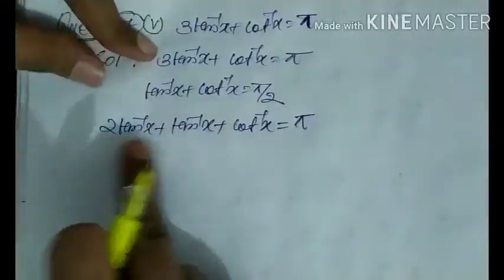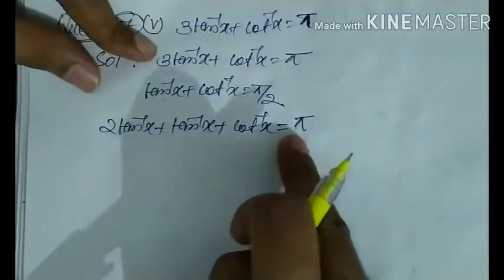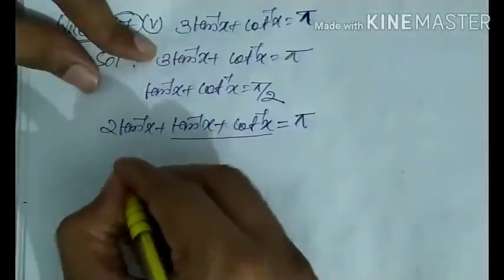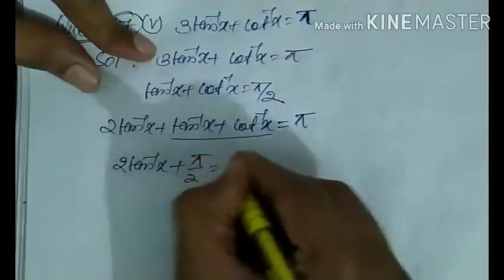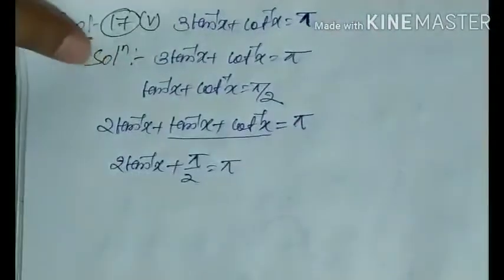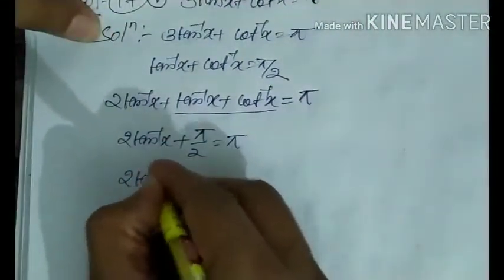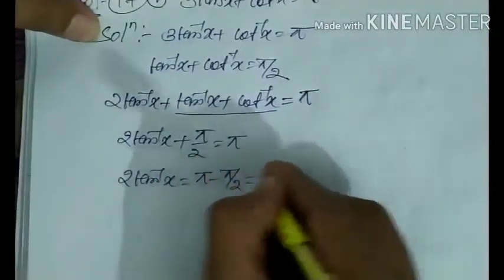Splitting 3 into 2 plus 1, it will be 2 tan inverse x plus tan inverse x plus cot inverse x equals pi. With the help of this formula, that sum is pi by 2, so 2 tan inverse x plus pi by 2 equals pi. Taking pi by 2 to the right side, 2 tan inverse x equals pi minus pi by 2, which is pi by 2.